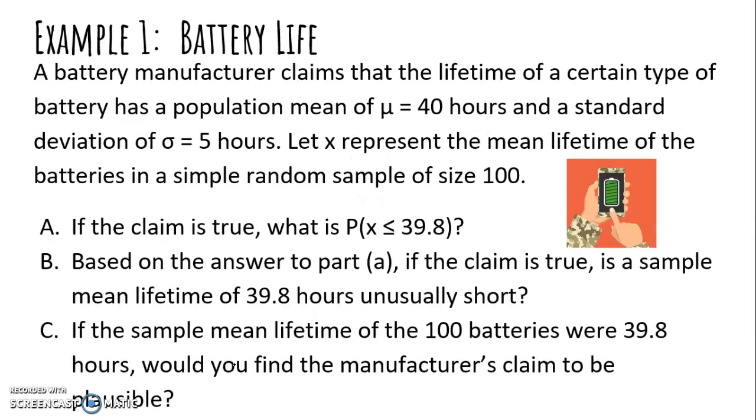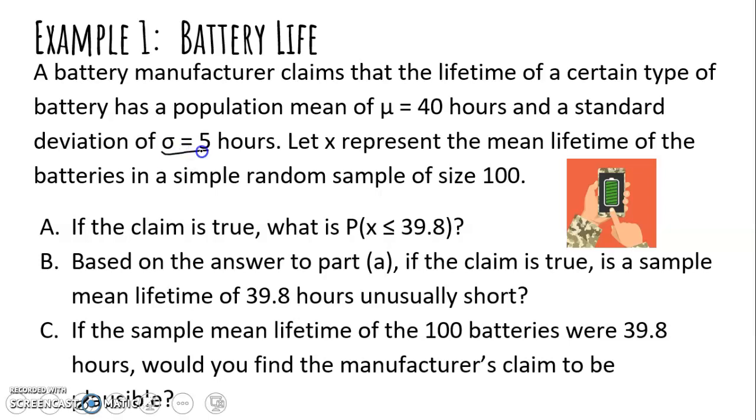So example 1, battery life. Some of this is a little bit of a review, but it's going to help with the big overall picture. A battery manufacturer claims that the lifetime of a certain type of battery has a population mean equal to 40 hours and a standard deviation of sigma equals 5 hours.